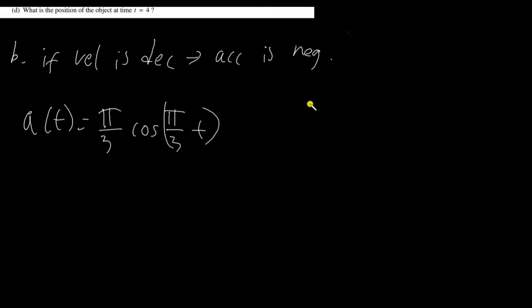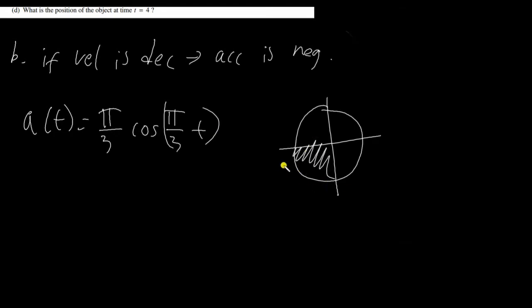So if we were to draw our little unit circle here, we're dealing with this section here. So that means our cosine is going to be negative in this third quadrant. Therefore, the acceleration function is going to be negative in the third quadrant. And since we're only dealing with t values in the third quadrant, the acceleration function is going to be negative for all of these t values.